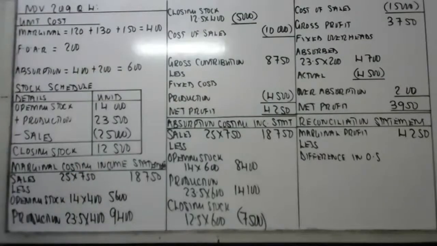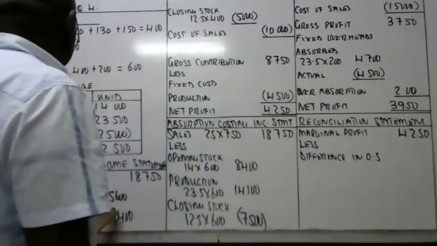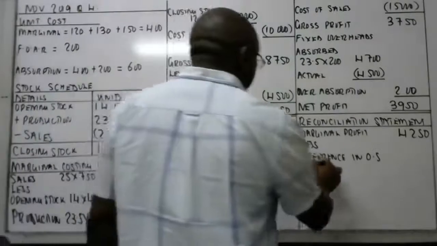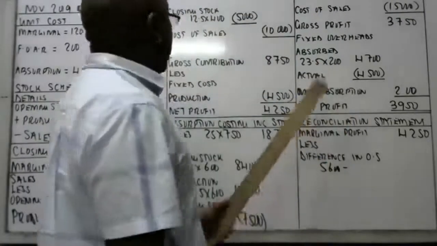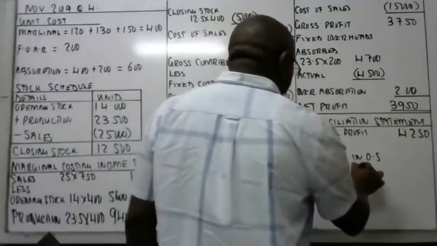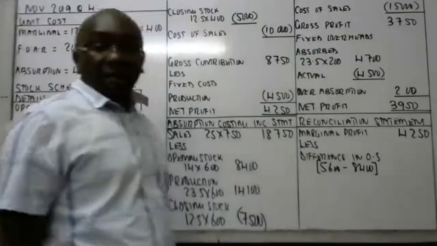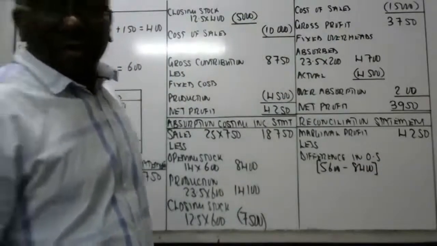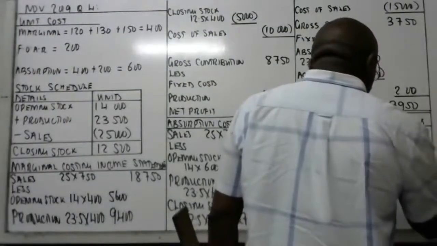So the opening stock, you can see these guys of marginal, they had 5,600. And these ones in absorption, they had 8,400. So the difference is how much? 2,800. Good. So this one you are supposed to less.